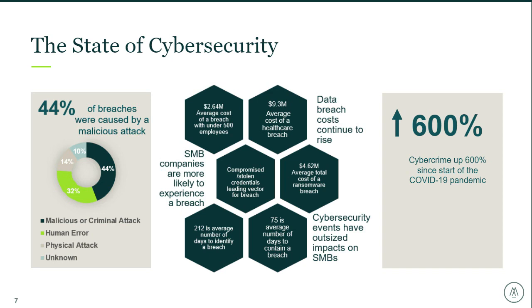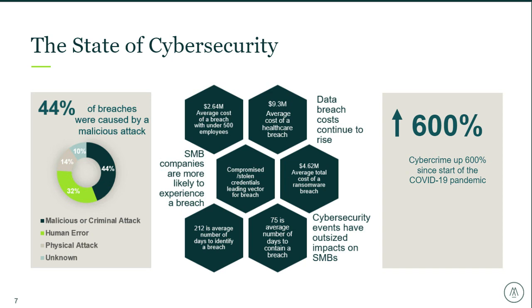You can think of human error as maybe somebody in IT misconfiguring a firewall, or misconfiguring a cloud setting, or maybe they just inadvertently sent sensitive data to the wrong person or to the wrong organization. So those are all different ways that these breaches can potentially happen.